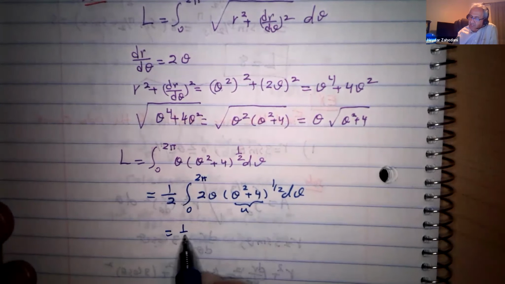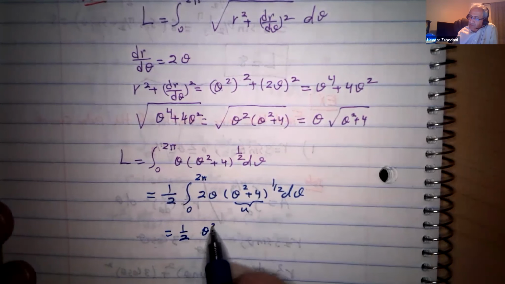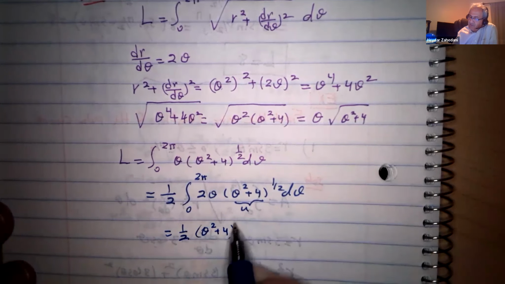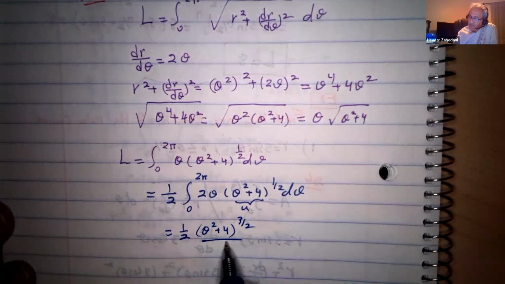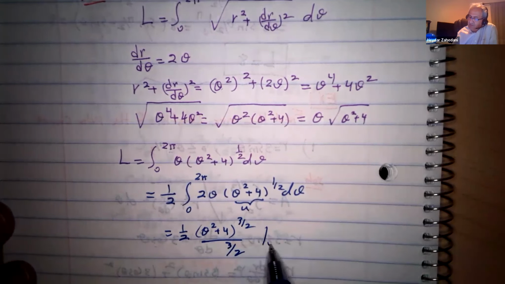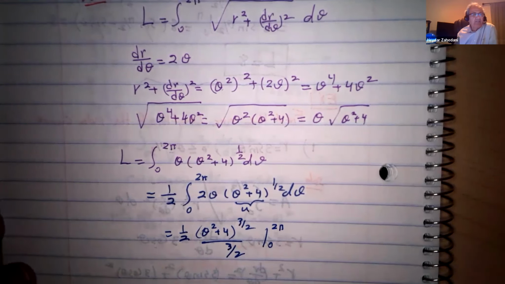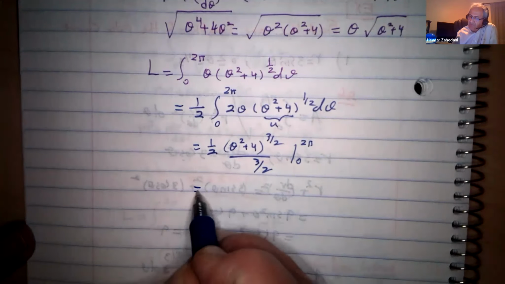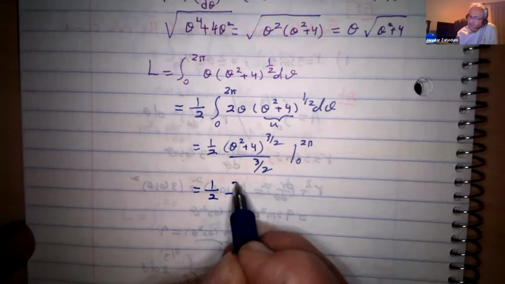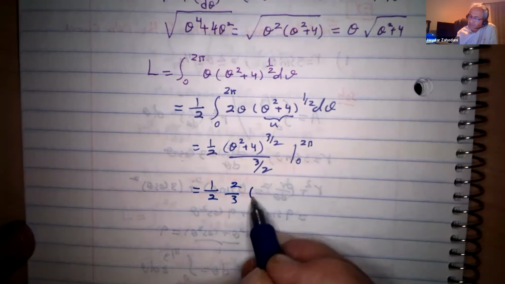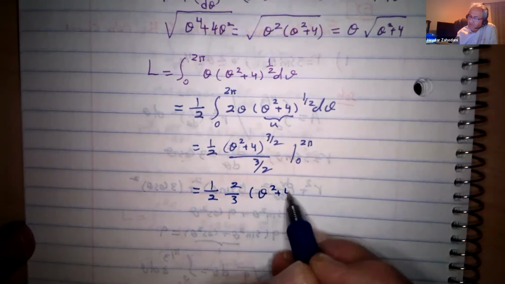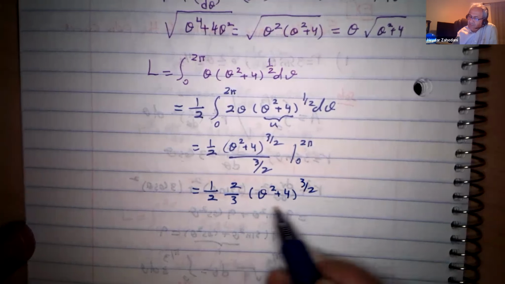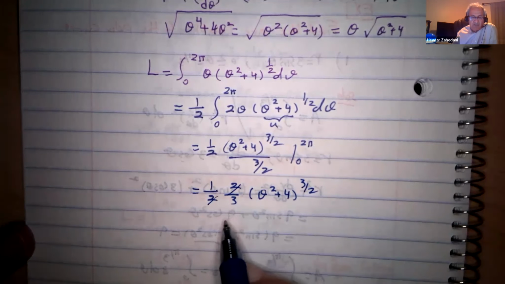So it's going to be 1/2 times theta squared plus 4 to the 3/2 over the 3/2, evaluated from 0 to 2 pi. It's going to be, you flip the 3/2, it's a 1/2 times 2/3 theta squared plus 4 to the 3/2. So these two will cancel out, you get the 1/3.